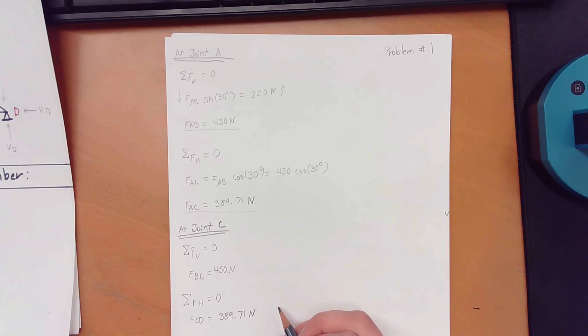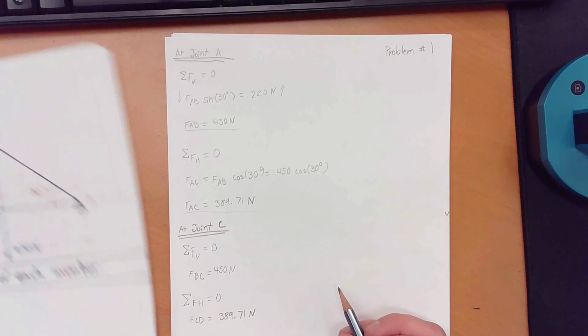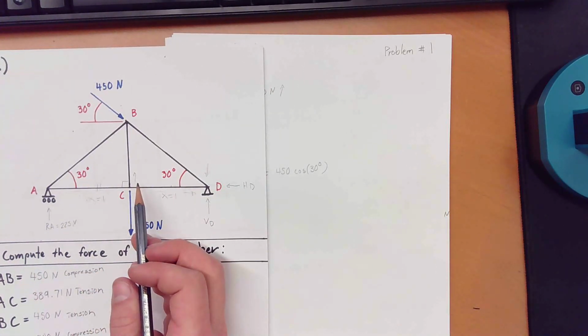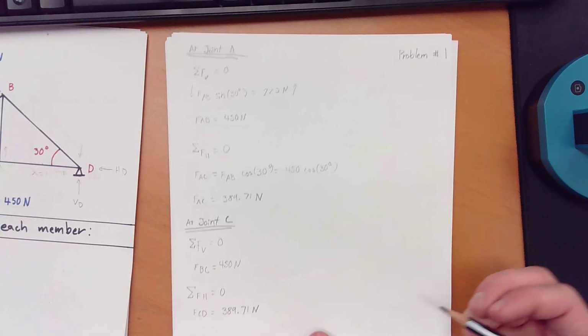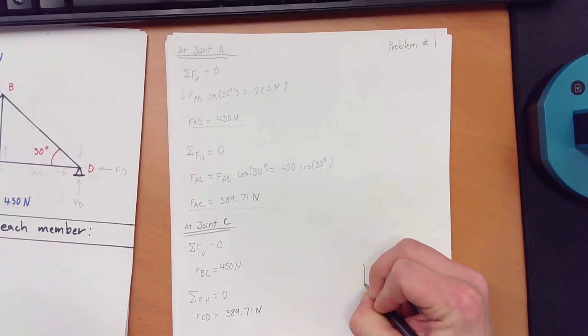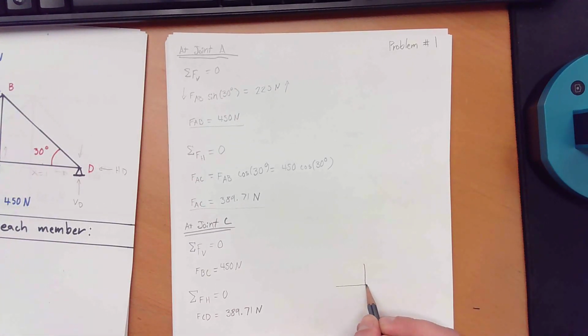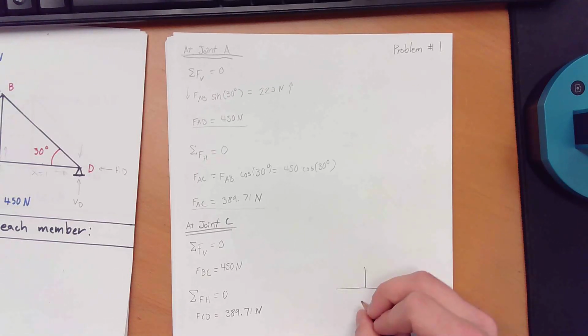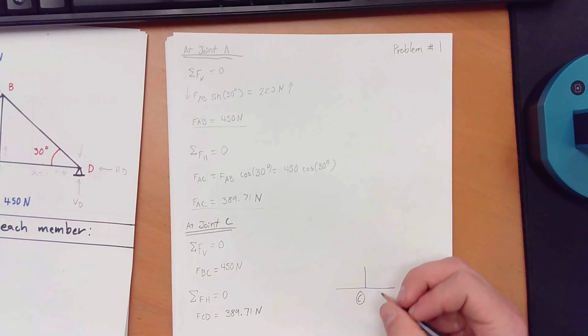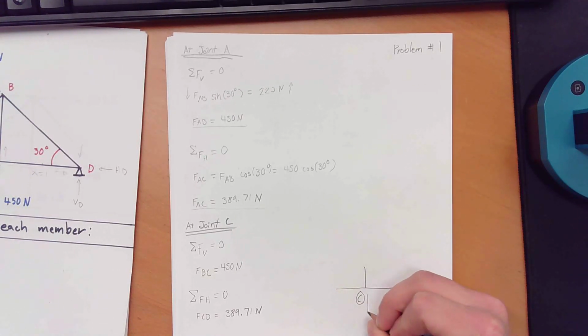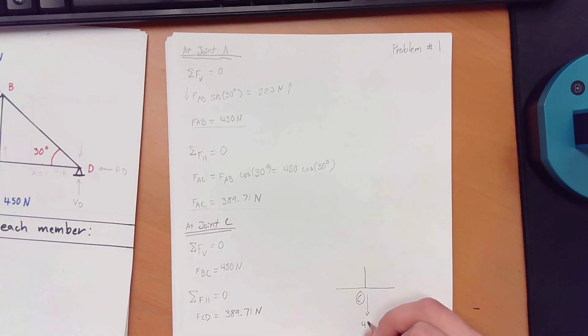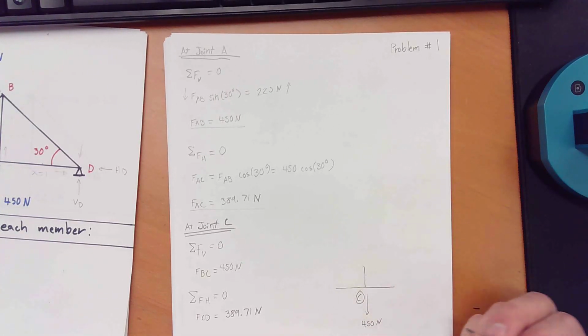So at joint C. So joint C is the middle guy right here. So we have kind of a cross, and this is going to be point C. And from here going down, we have 450 newtons.